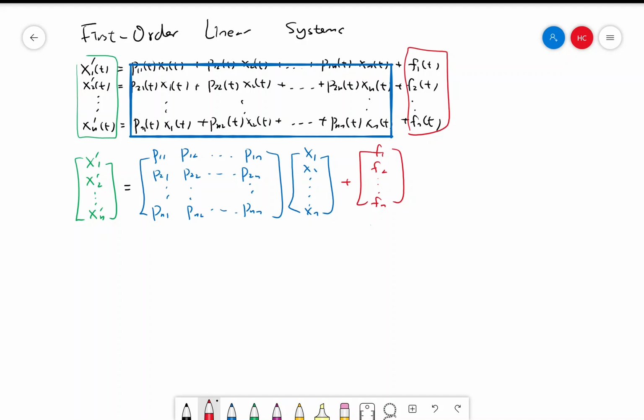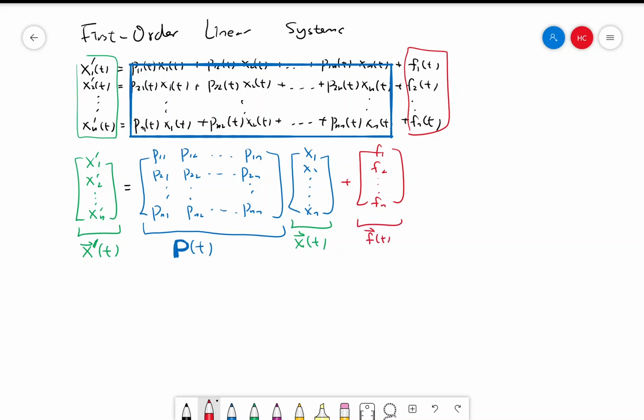And if we call this thing x vector of t, it's a function of t, it's also a vector, then the left side is the derivative of x of t, so there's a prime here. And let's just call this giant thing P. This is a matrix, so let me put boldface here, P of t, and this is f of t.